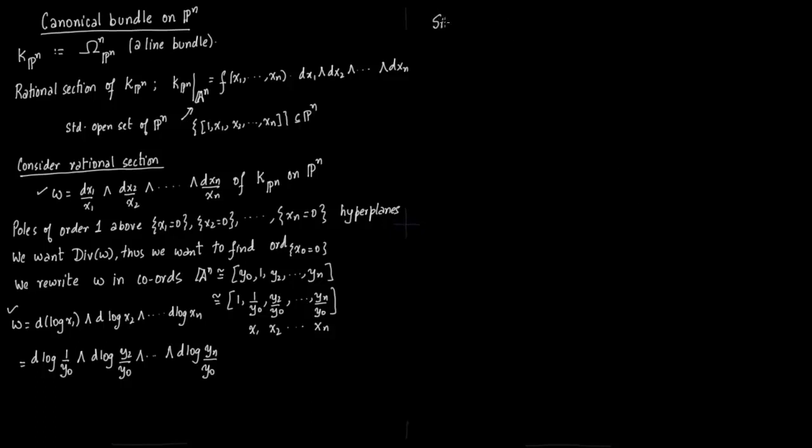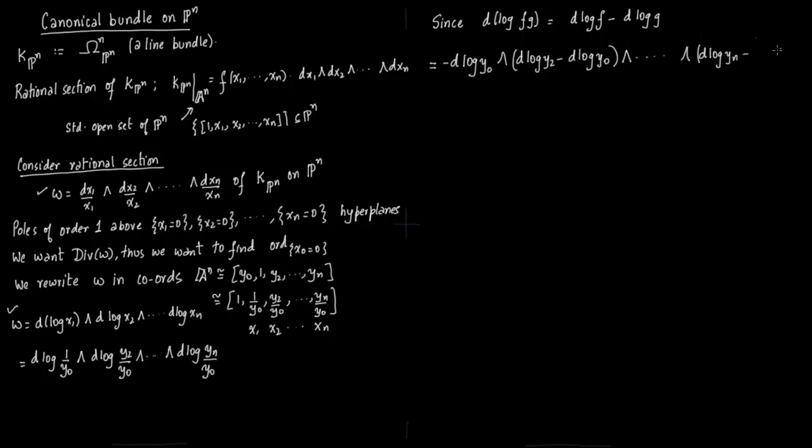Now we just use the properties of the log. d log of f divided by g is d log f minus d log g. So y2 by y0 you write as d log y2 minus d log y0, all the way to d log yn minus d log y0.